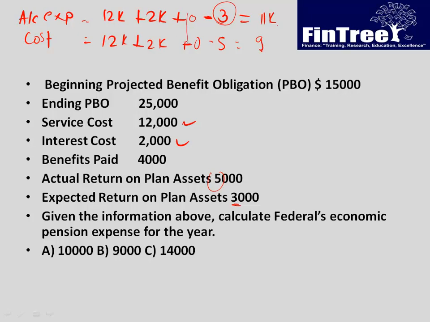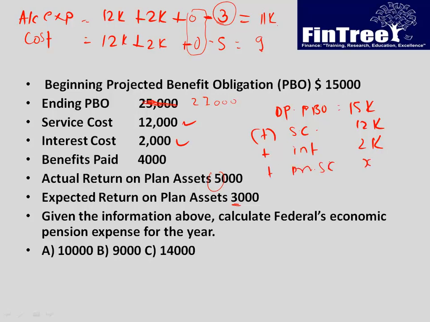So why am I making sure that I write 9 here? There might have been a scenario. If I change these numbers, instead of 25, I make this 27,000. Then opening PBO 15k plus service cost 12k plus interest cost 2k plus prior service cost x minus benefits paid 4 is closing, which is 27.